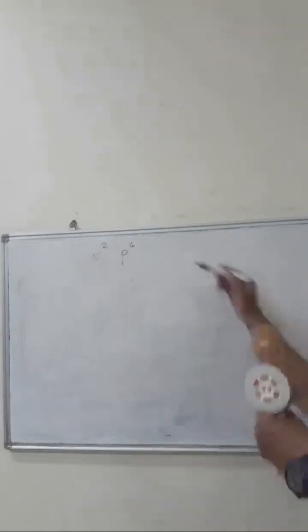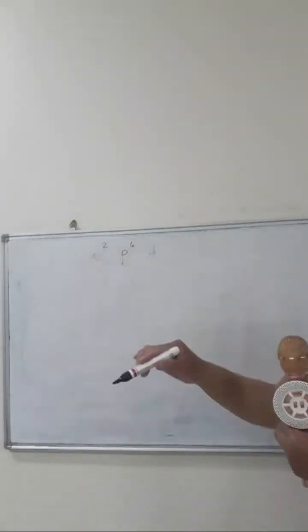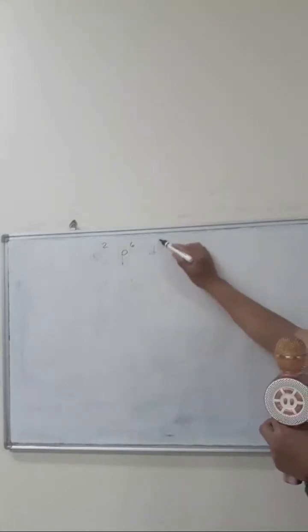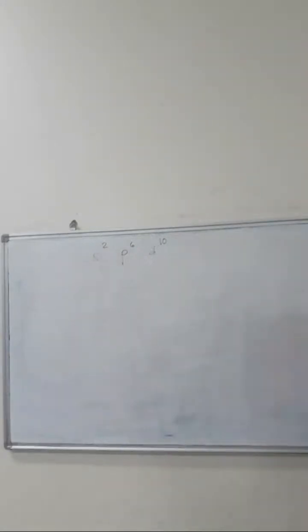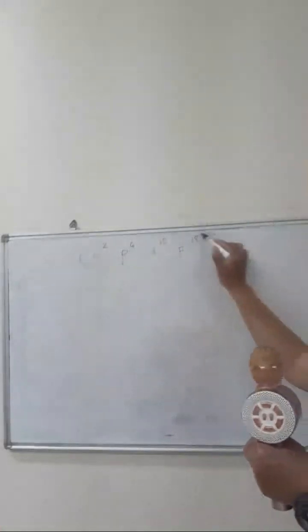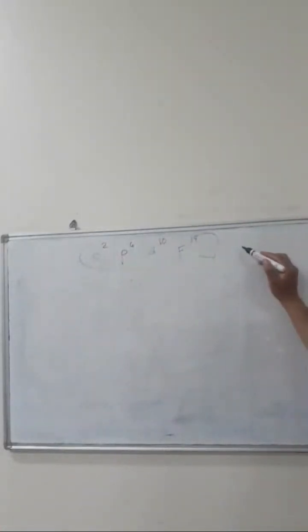Meaning to say, our number of electrons in each subshell and sublevel will become our exponents or our superscripts of our subshells and sublevels. So, D raised to the power, how many did we get? 10. So D raised to the power 10. F, we computed it already, raised to the power 14. These four are the basis of our electronic configuration.